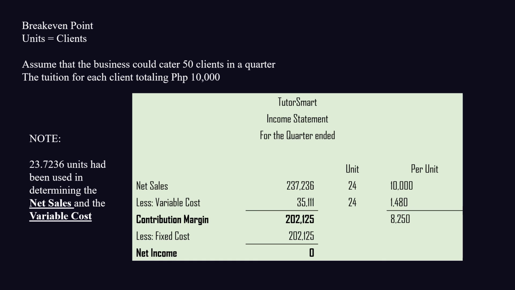We simply computed this by computing the income statement once again, to which we have net sales of 237,236, for which we use the 23.7236 units to determine both net sales and variable cost, because we already have the per unit basis, to which we have a variable cost of 35,111, which we deducted from the net sales, to which we have a contribution margin of 212,125 less the fixed cost of 212,125, which we computed earlier, which gives us a net income of 0, which then proves that this is the break-even point for our business.